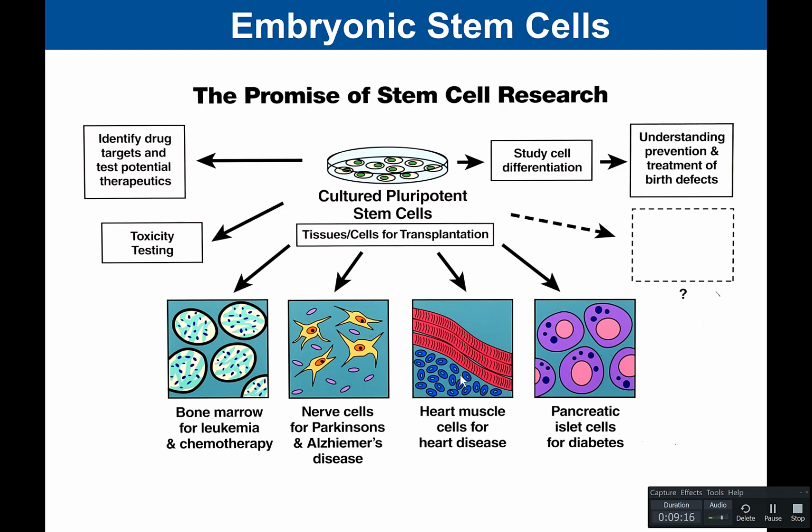They could be used to create pancreatic islet cells for diabetes, because these islet cells, these pancreatic beta cells, are the ones that are responsible for producing insulin. And so in patients who have type 1 diabetes, they are defective. Their pancreatic beta cells have been destroyed, and they don't have those cells that would produce the insulin naturally.